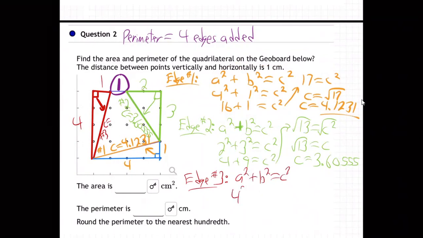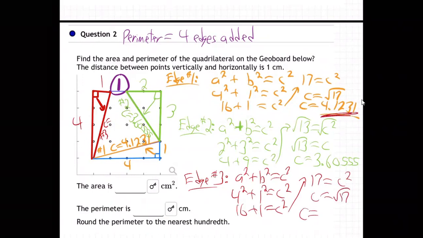So it's 4 squared plus 1 squared is c squared. 16 plus 1 is c squared. See how it's the same? 17 is c squared. C is the root of 17, which we already have up here. Square root of 17, 4.1231. So this is 4.1231 again.